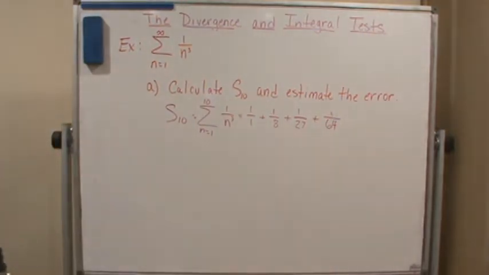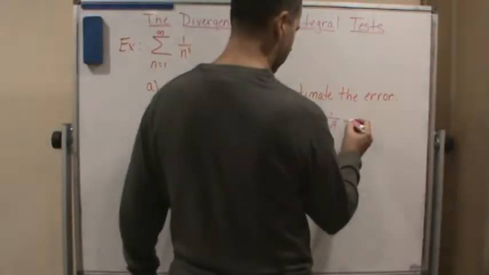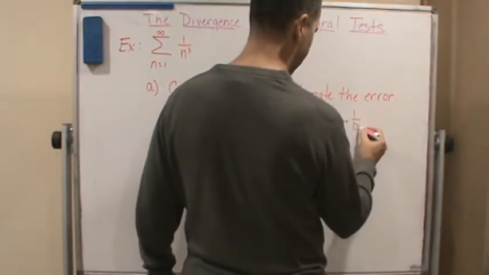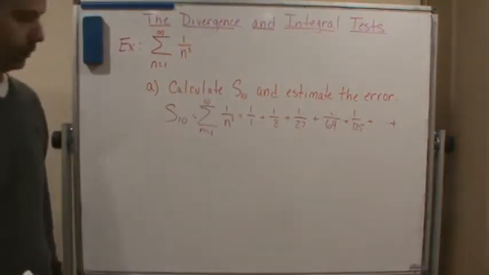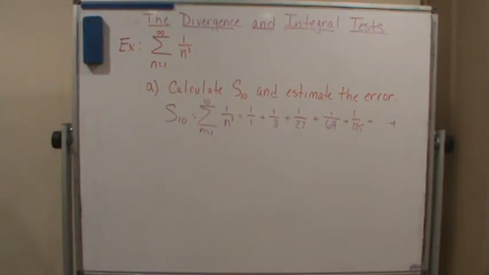And if we keep going, we get 1 over 125, and then all the way up to 1 over 1,000.